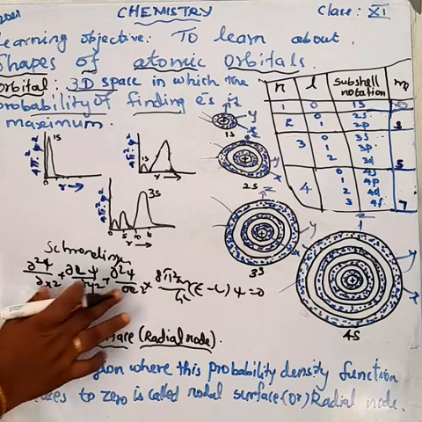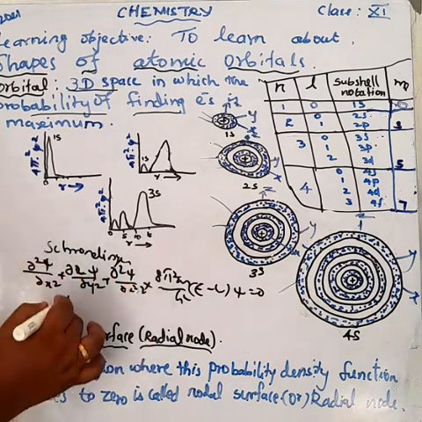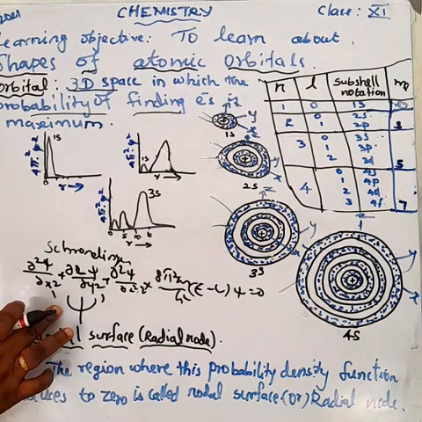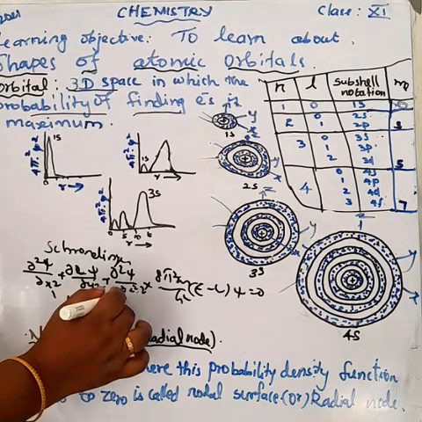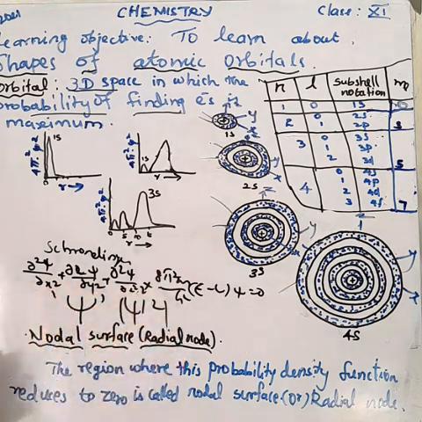From the solution of the Schrodinger wave equation, we get the value of psi. From the value of psi square, the probability at different points within an atom, it is possible to predict the region around the nucleus where the electron will most probably be found.